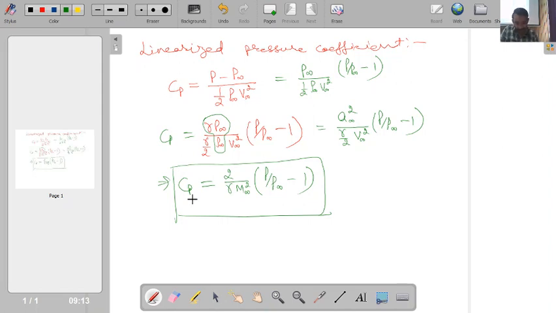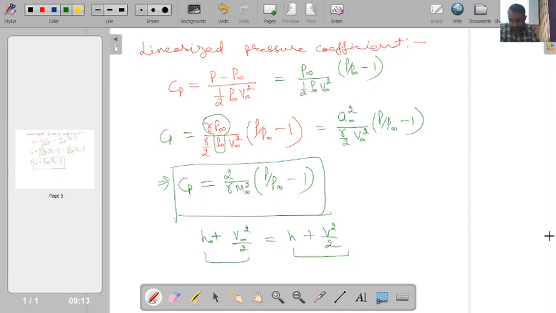Okay, so for an isentropic flow situation, our energy equation is h infinity plus V infinity square by 2 equal to h plus V square by 2. These are the free stream conditions, and these are the local conditions at which we are interested in finding the values.